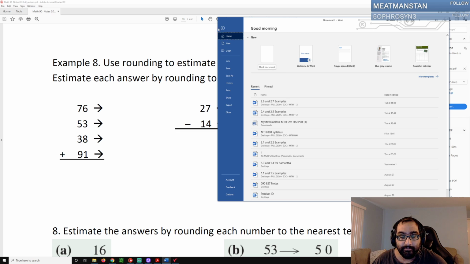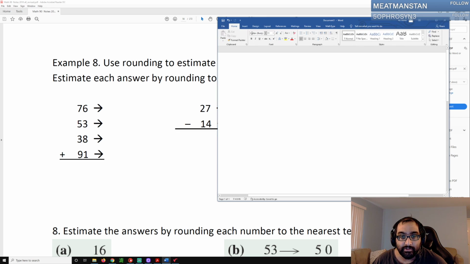All right, let's take a look at that first one. Oh, I meant to hit this. There we go. So I'll say operations with rounding. Let's look at the 76 plus 53 plus 38 plus 91.